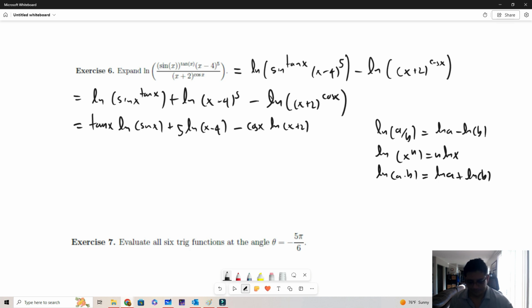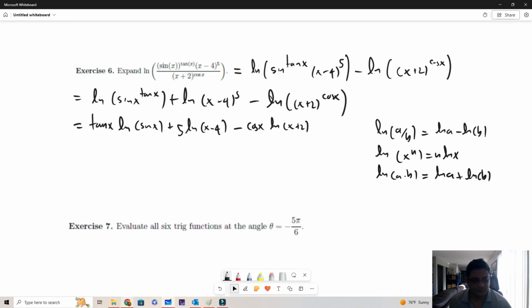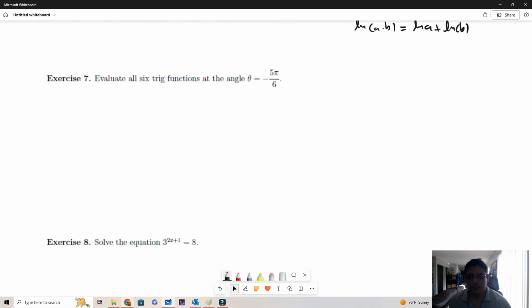And now the next is a little reminder of what the trigonometric functions are and how they function. The six trigonometric functions are, of course, sine, cosine, tangent, and so on. The first thing is, let's find out what sine of minus 5 pi over 6 is. If I remember correctly, this is minus sine of 5 pi over 6.